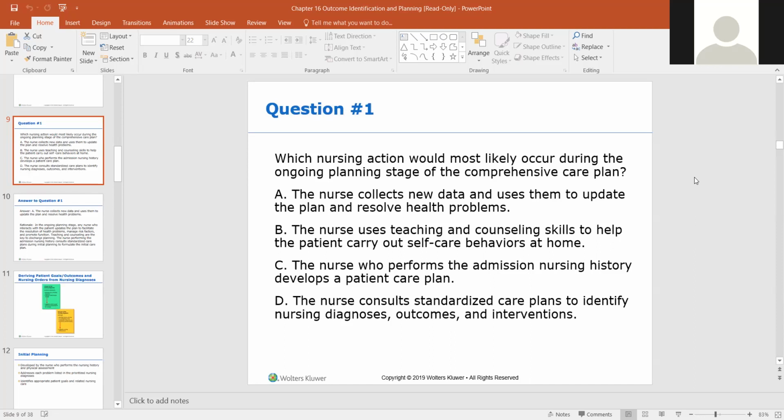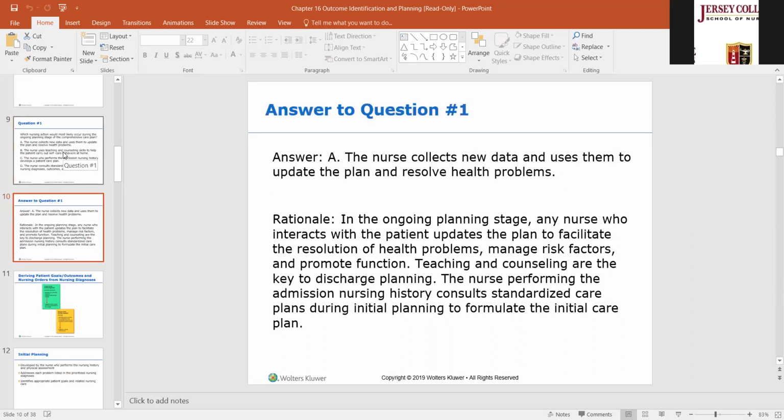It's either A or D. A. Okay, good, A. The nurse collects the new data, uses it to update the plan, and resolves the health problem.